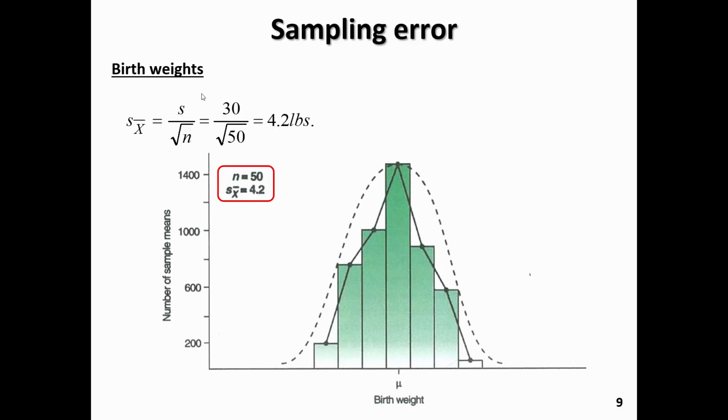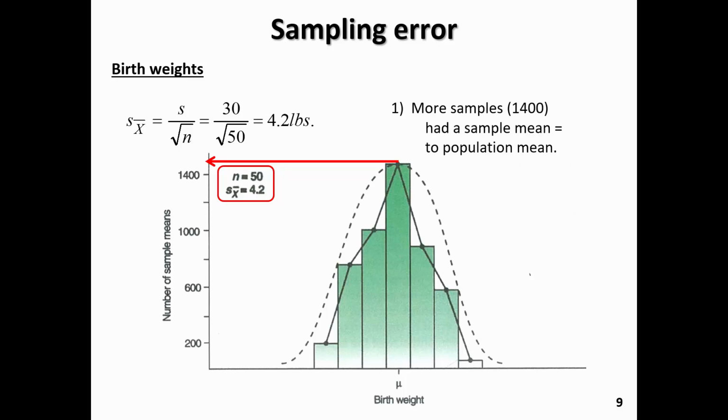If we were just interested in the sample statistics, then we would just take a look at the sample standard deviation. In a similar manner, we see an almost perfectly normal distribution in the histogram overlaid onto a more leptokurtic normal distribution. This tells us that more samples, actually slightly greater than 1,400, had a sample mean equal to the population mean.